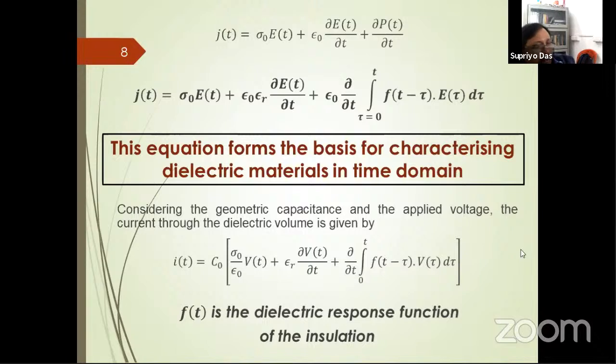So if we consider the geometric capacitance and applied voltage, the current through the volume of dielectric is given in terms of V(t), a measurable quantity, and f(t), the dielectric response function of the insulation. That actually gives the information about the insulation.